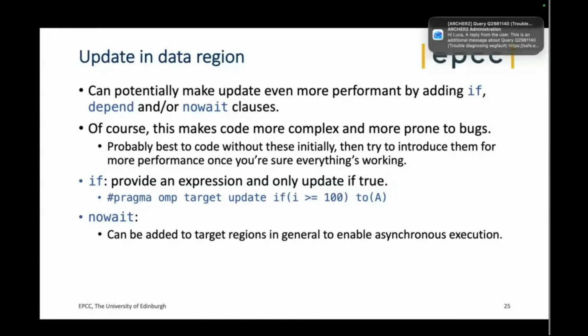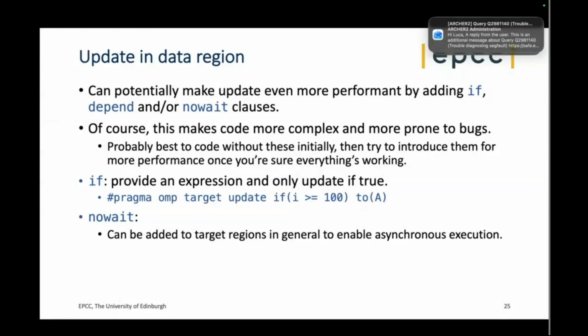We'll talk about nowait better later on, but for the moment, let's say so far, all the commands we've seen were blocking, which means once you enter the data region or the parallel region where we apply the map construct, you're guaranteed that the data is there.